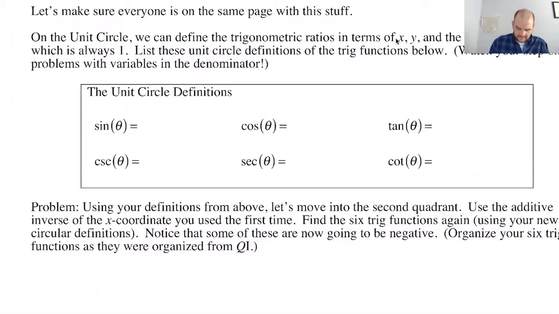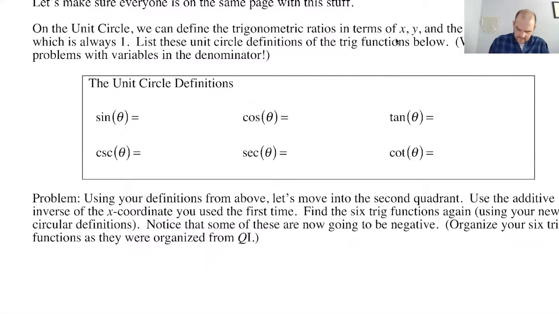So theta is the angle in standard position through the ordered pair x comma y on the unit circle.